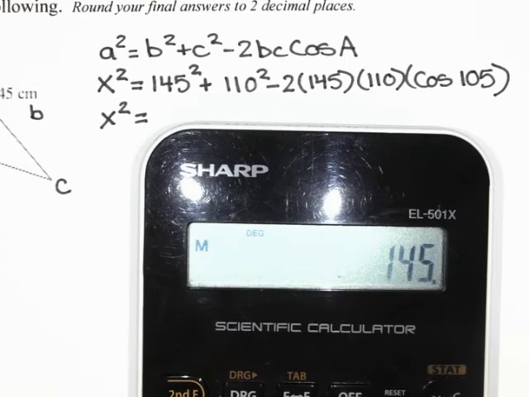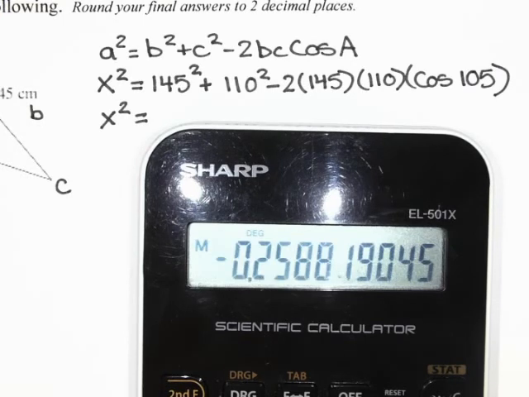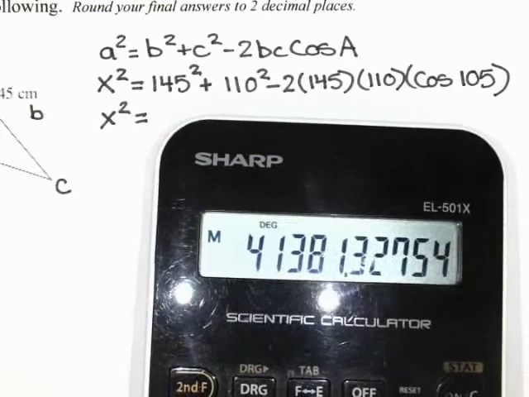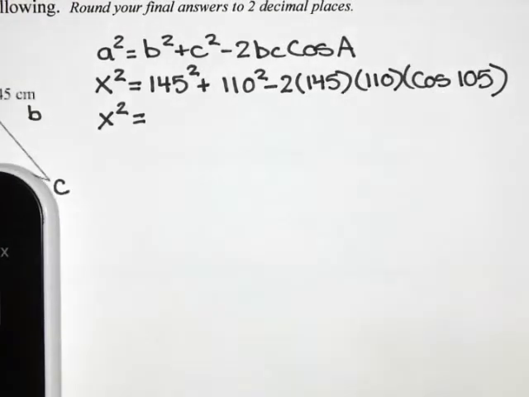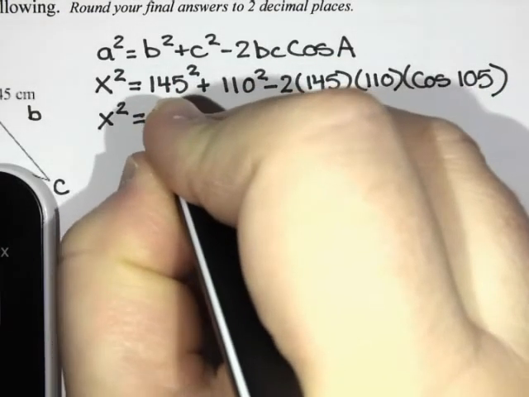So 145 squared plus 110 squared minus 2 times 145 times 110 times cosine of 105. And then you want to hit equals at the very end. And I get 41,381.32754. I'm going to write that whole thing down. We don't round until we get to our very final answer.